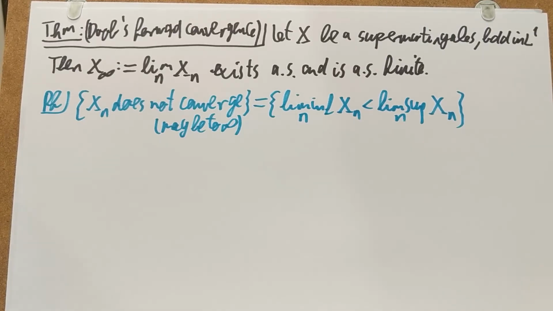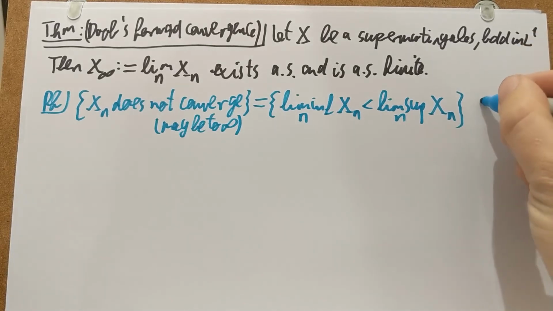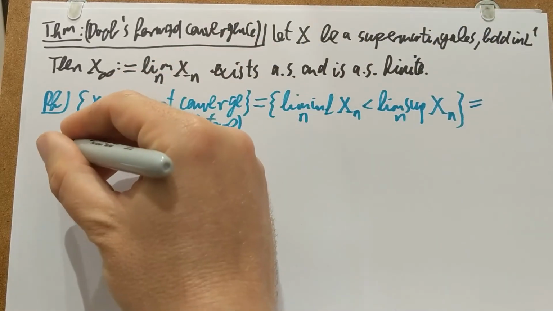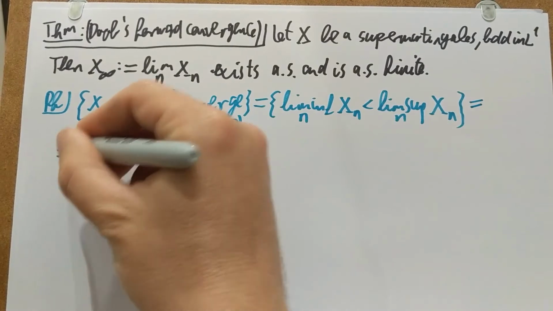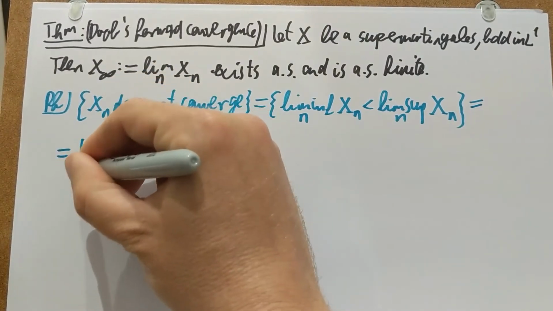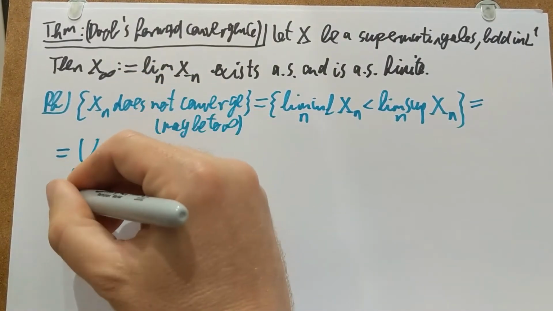Now if lim-inf is less than lim-sup, then I can put some real numbers in between. Now, what I want to do with these real numbers, I can actually choose them, because the rationals are dense in the reals, to be rationals as well. And you'll see in a moment why that's important.